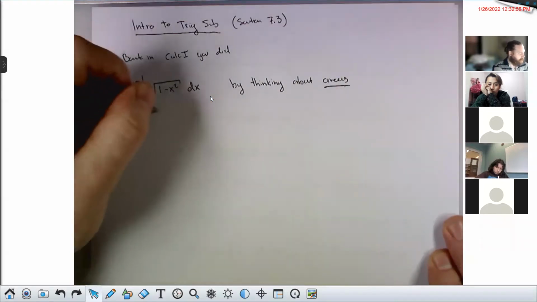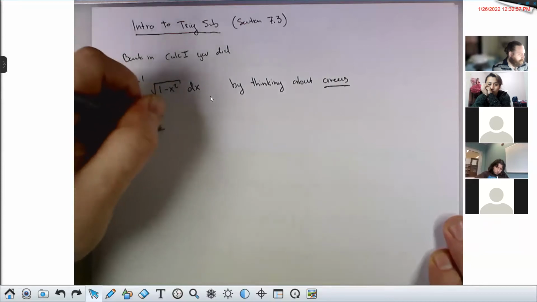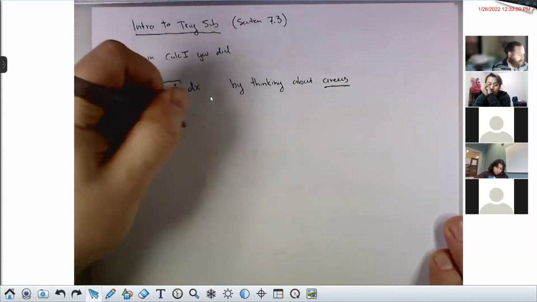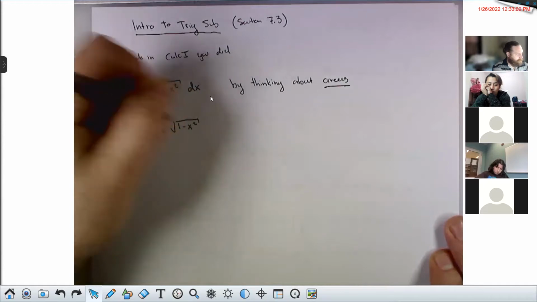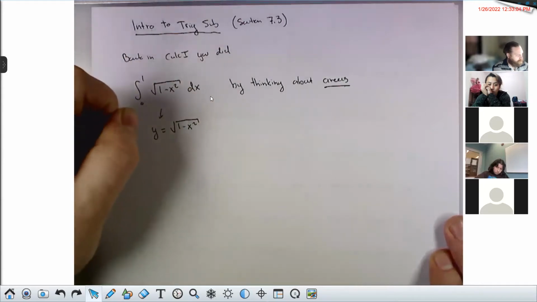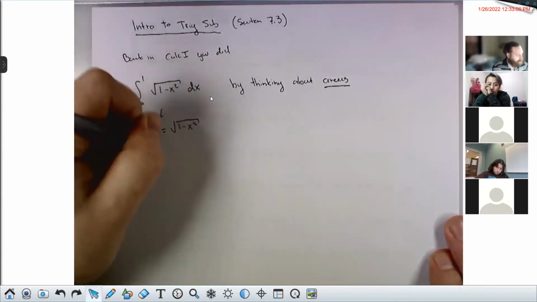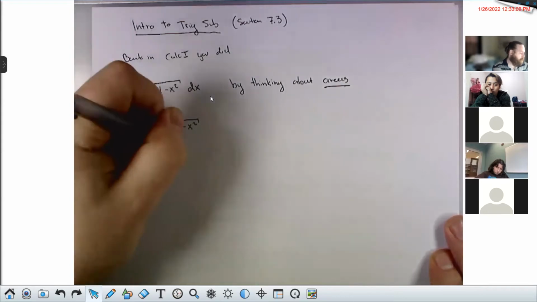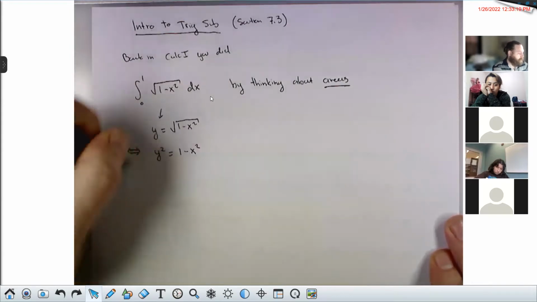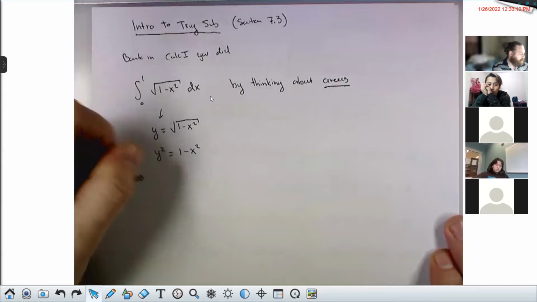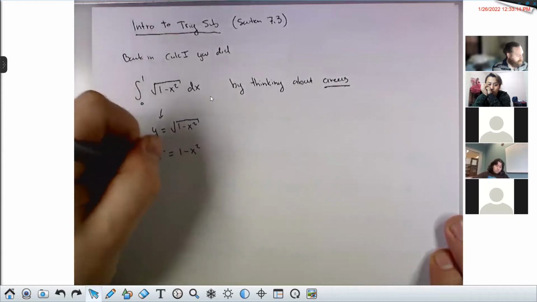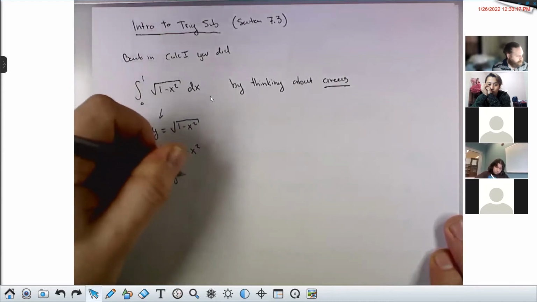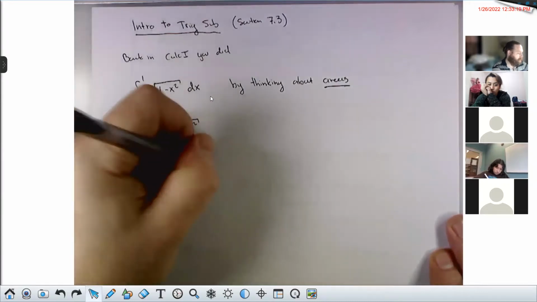Because the function you're integrating here, y equals the square root of 1 minus x squared, is secretly the same thing as y squared equals 1 minus x squared, which is not so secretly the same thing as x squared plus y squared equals 1, which is the unit circle.